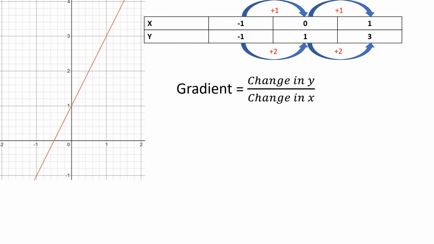In all linear relationships, the change between numbers in a table will always be the same. So we can see from the table that our change in y is +2. So when we look at the gradient, our change in y is 2 and our change in x is 1. So again, our gradient will equal 2.